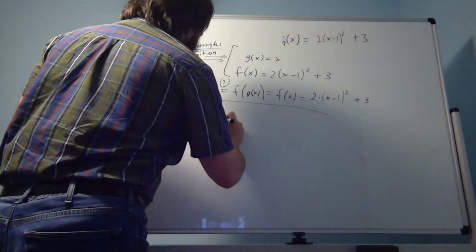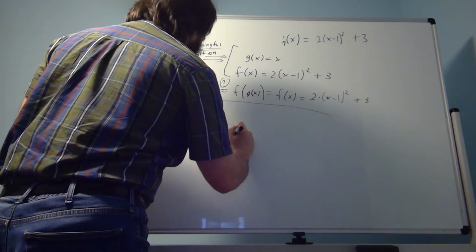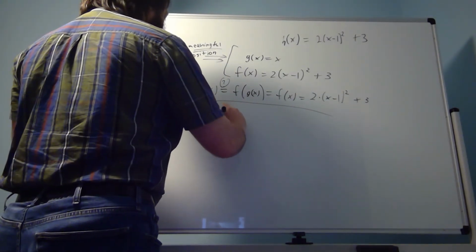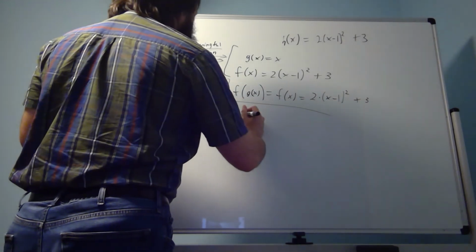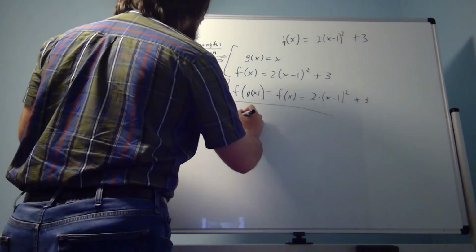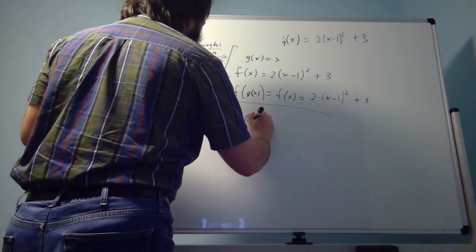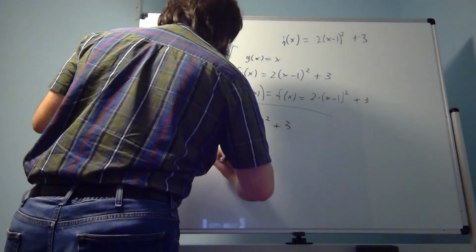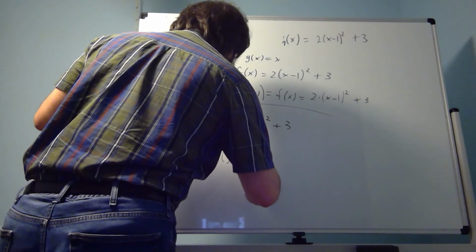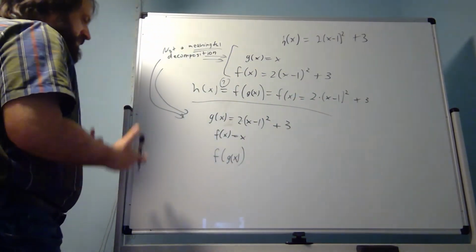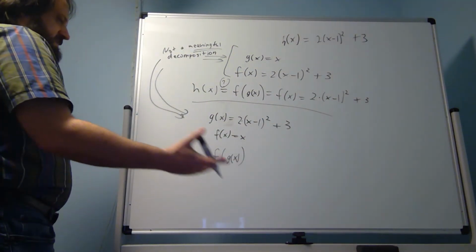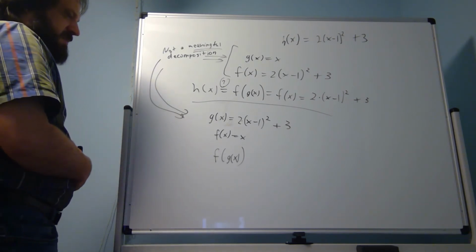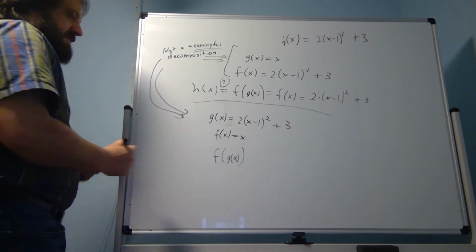The other one is the outside function. If the outside function just takes the input and returns x again, then exactly the same thing happens for similar reasons. I just want to show you that if one of the two functions basically just takes the input and leaves it completely alone, it just keeps going on the conveyor belt completely unchanged, you get the same thing again.